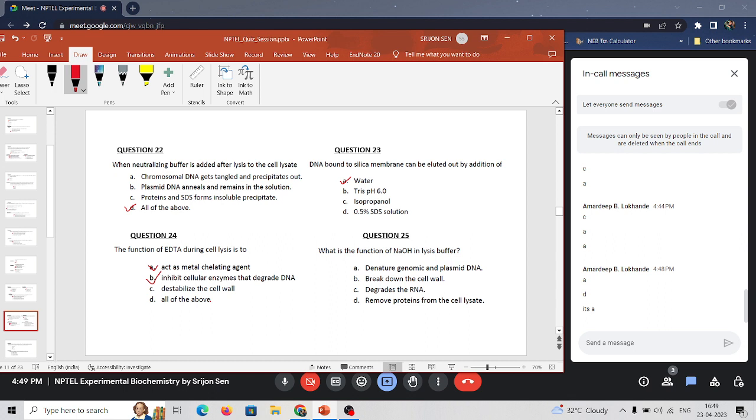What is the function of NaOH in lysis buffer? Yes, it breaks down the cell wall. Correct.